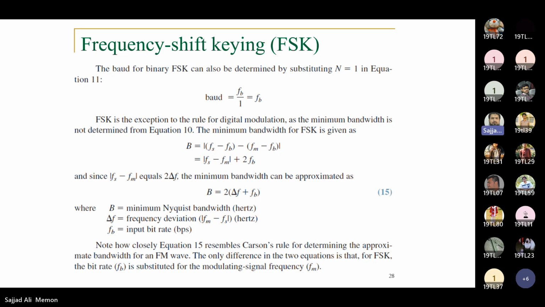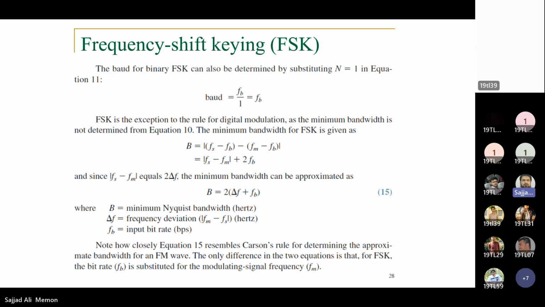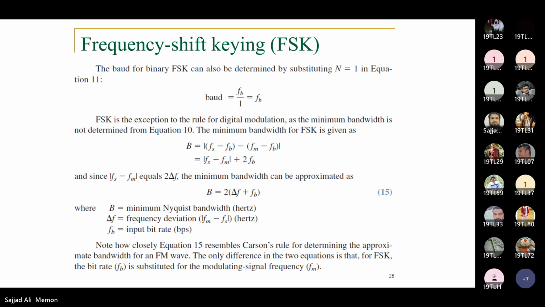Now, note how closely equation 15 resembles Carson's rule for determining the approximate bandwidth for an FM wave. The only difference in the two equations is that for FSK, the bit rate is substituted for the modulating signal frequency f_m.